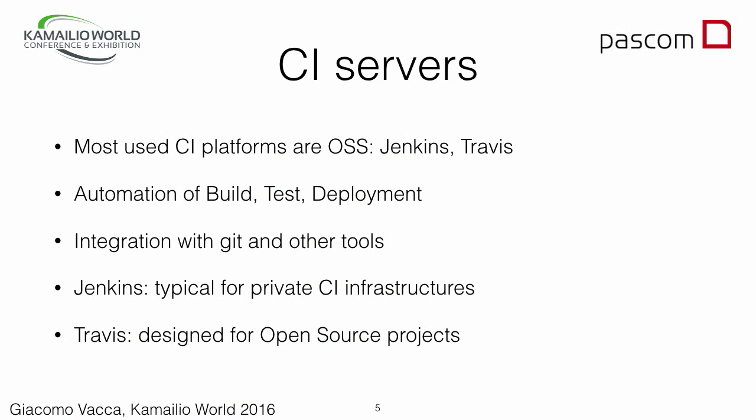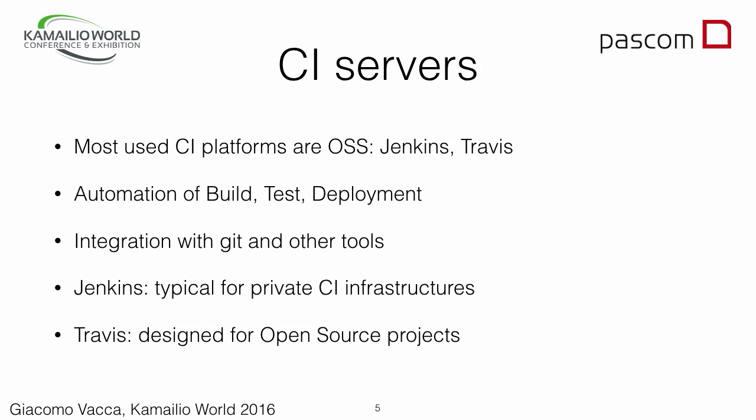And in particular, since the releases are done more frequently with small changes, they are less risky to push into production. The typical core of the CI infrastructure is the so-called CI server or CI tool. The most common are Jenkins and Travis CI. There are others like Bamboo, but these are the most common, and they are typically used for doing the three phases: the build, the testing, and the deployment.